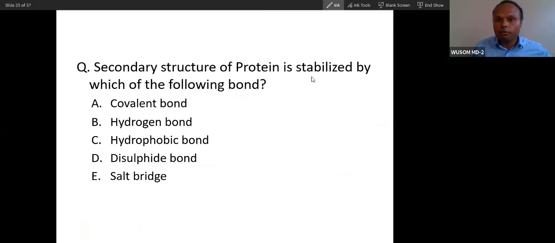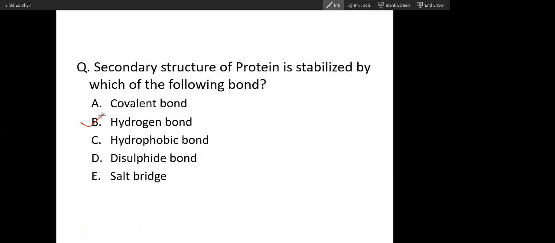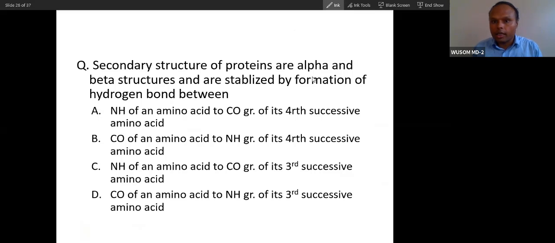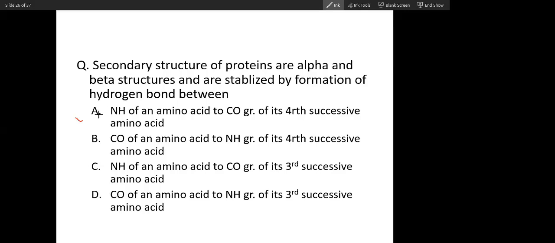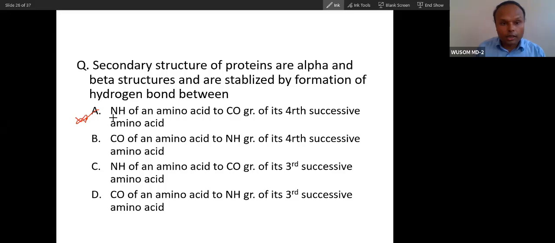Secondary structure of protein is stabilized by which of the following bonds? Hydrogen. Secondary structures of protein are alpha and beta structures and are stabilized by formation of hydrogen bonds between the first and fourth. So this is not NH.